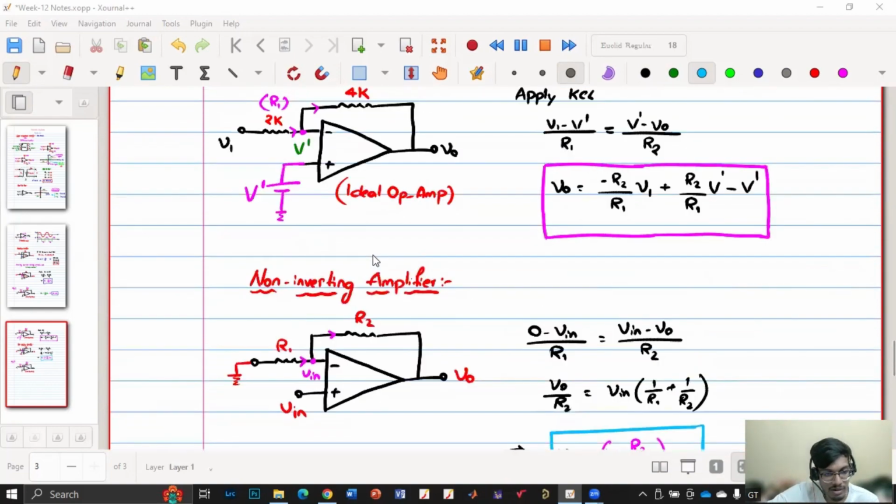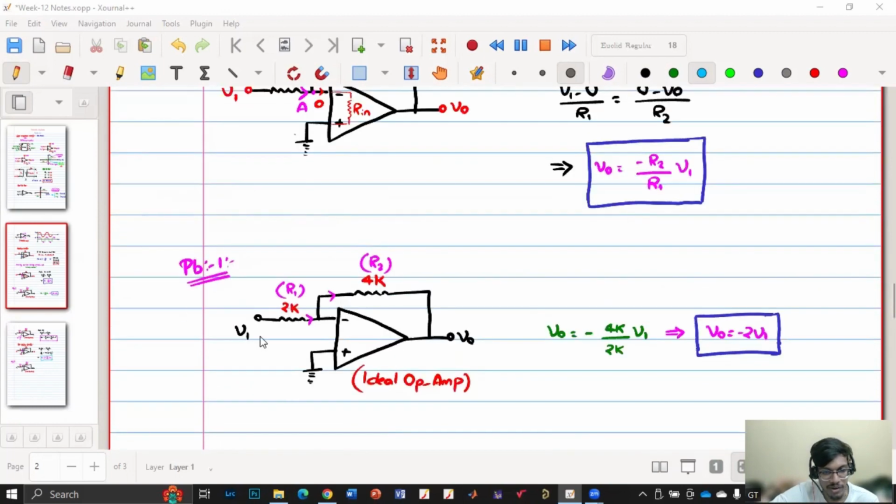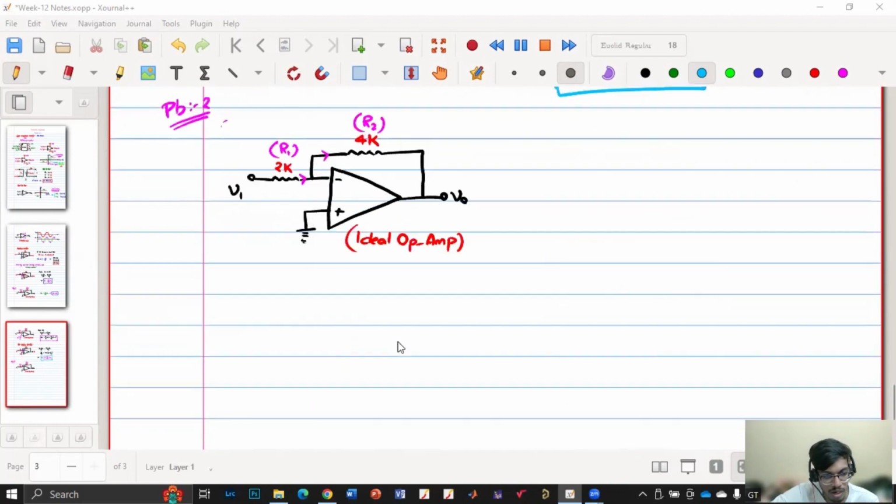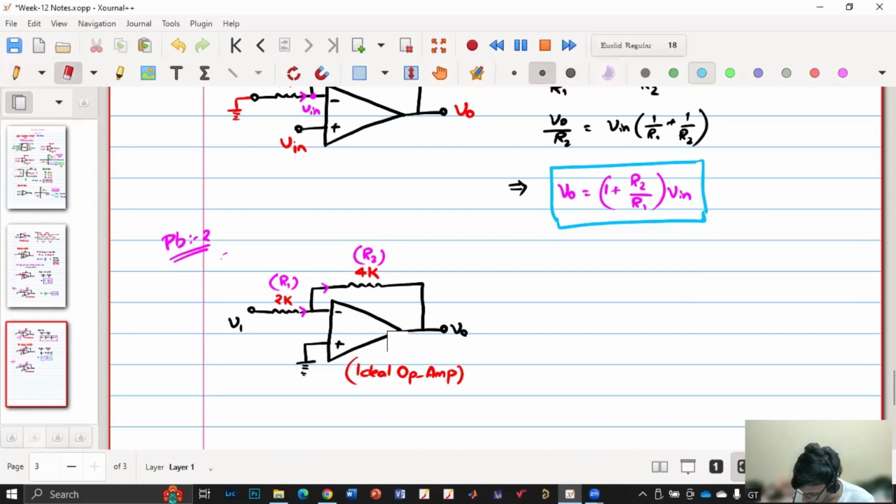Now, previously we were discussing this problem. Here we have considered an ideal op-amp. Now, instead of an ideal op-amp, we will consider a non-ideal op-amp. In the case of a non-ideal op-amp, the input impedance is not infinite, and the gain is also not infinite.